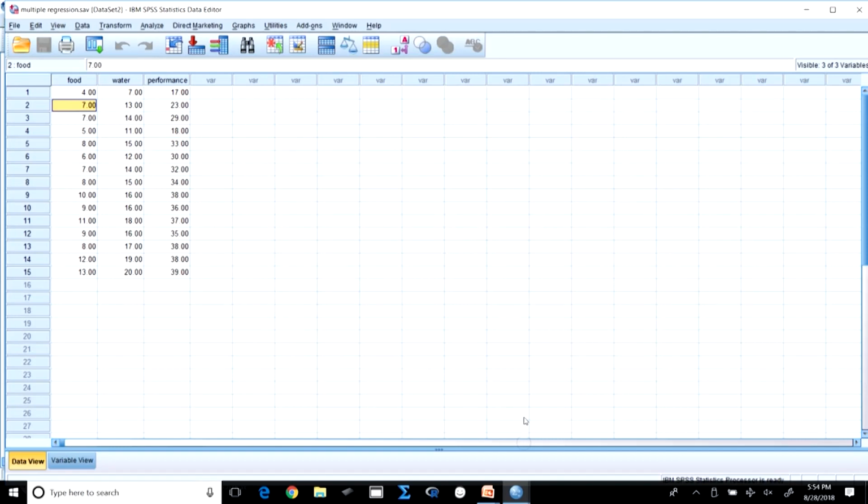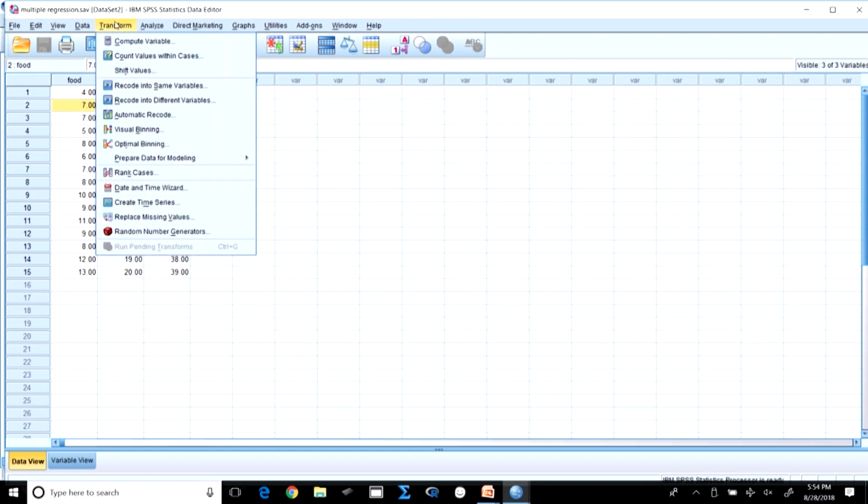Now, in some conditions you can even check an interaction effect also, which I have not taken, but you can take. For example, I can show you here: compute, transform, compute variable.